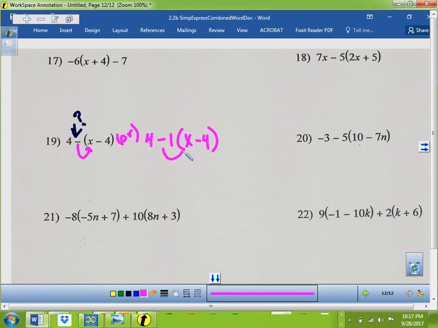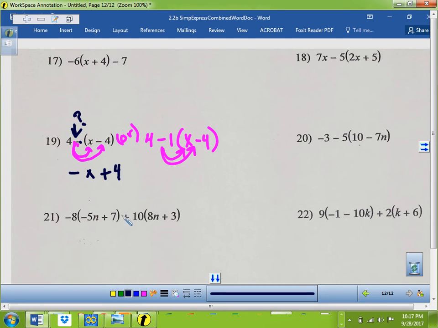Negative 1 times positive x would give you negative x. Then do that again: what's negative times a negative 4? Negative times negative is positive. Negative 1 times negative 4 is positive 4.